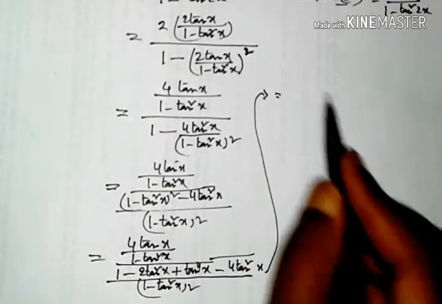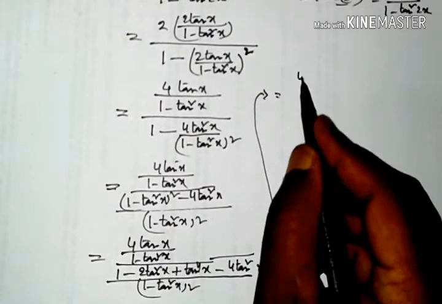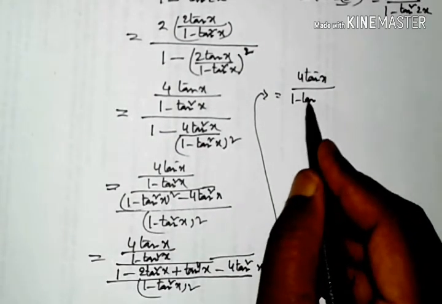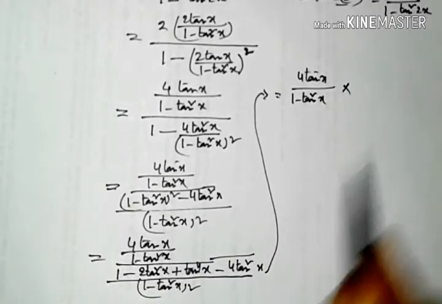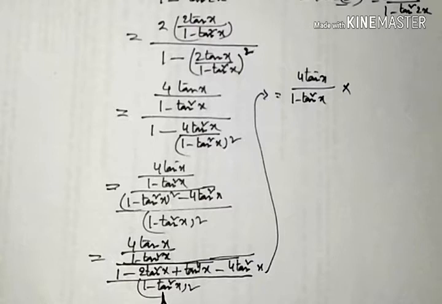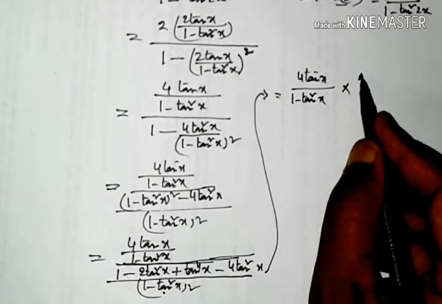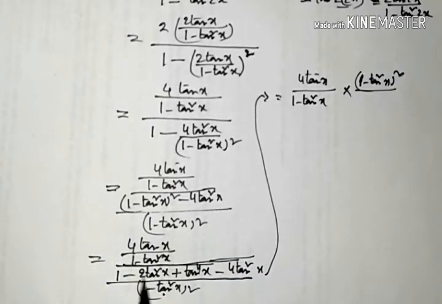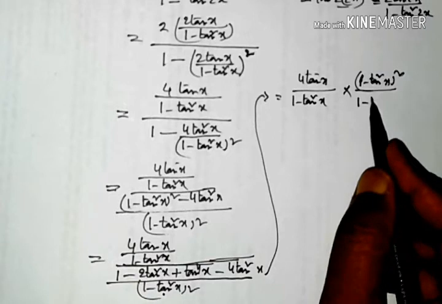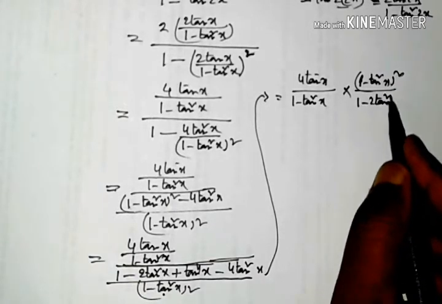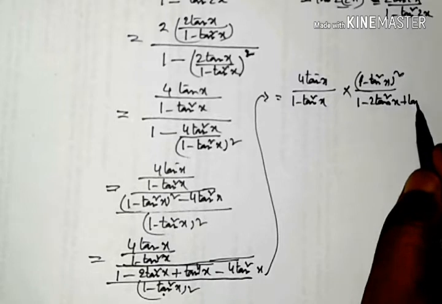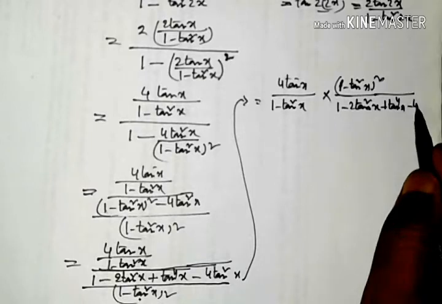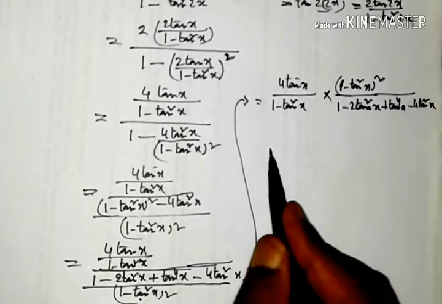By the a minus b whole square formula, 1 minus twice tan square x plus tan to the power 4x, minus 4 tan square x, all over 1 minus tan square x. From here we can write 4 tan x over 1 minus tan square x, into numerator 1 minus tan square x whole square, denominator 1 minus 2 tan square x plus tan to the power 4x minus 4 tan square x.